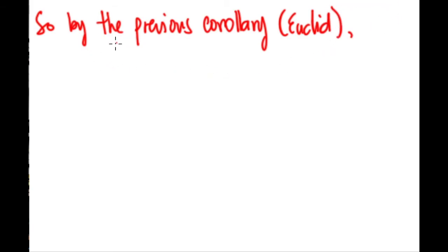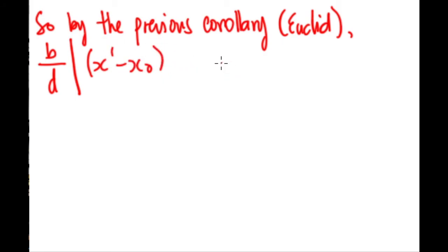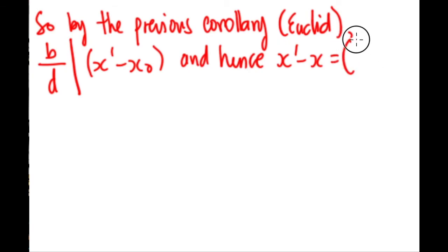We say that b over d divides this x prime minus x sub 0, and hence x prime minus x sub 0 is equal to b over d times a certain t.